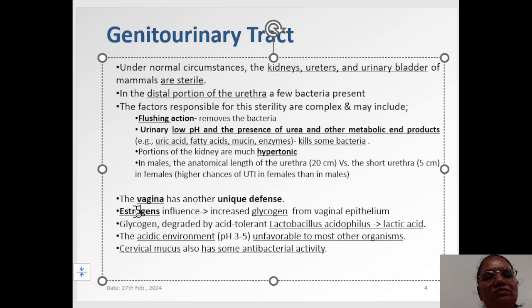Estrogen influences the release of glycogen in this area, and this glycogen is acted upon by the acid tolerant lactobacilli, which generate a large amount of lactic acid, which makes the area acidic in nature, and thus the area becomes unfavorable for the growth and existence of organisms.